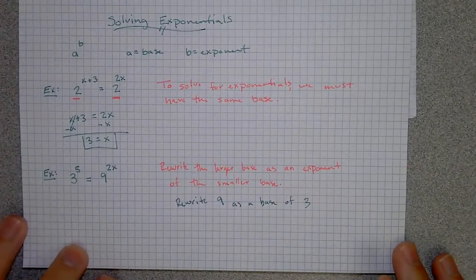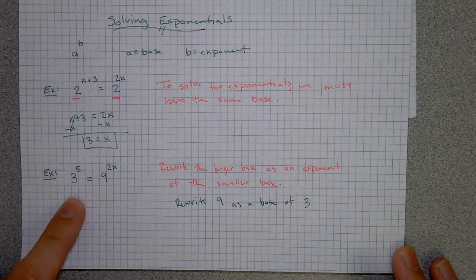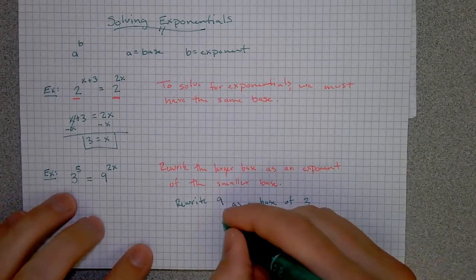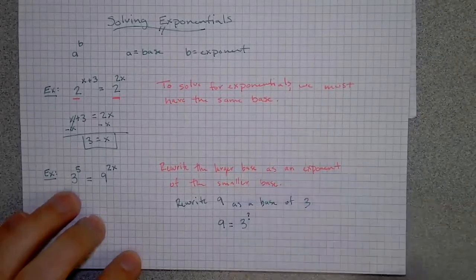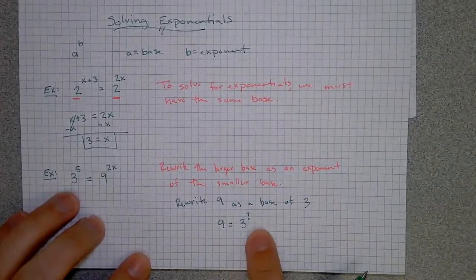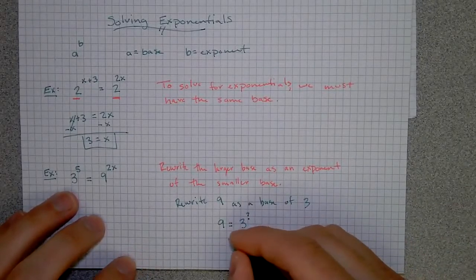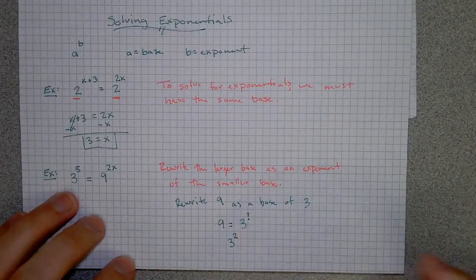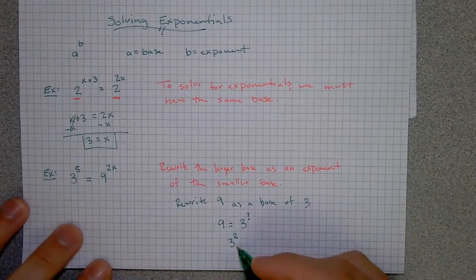Okay, so we want to rewrite 9 as a base of 3. So 9 equals 3 to the what? Hoping you know it's 3 squared. Okay, 9 is equal to 3 squared.